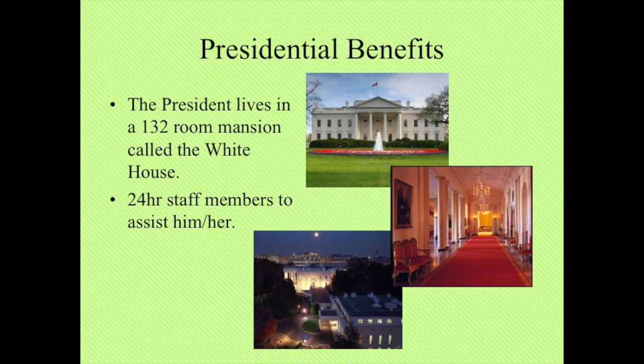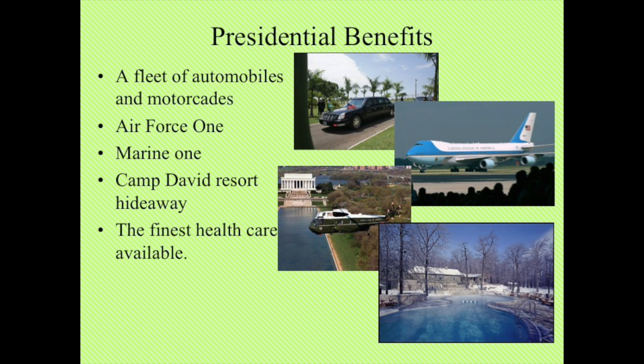They have 24-hour staff on service to assist them in whatever they need or want. Pretty nice. And don't forget about that fleet of vehicles the president has access to, including an airplane, Air Force One, Marine One, and their very own hideaway resort known as Camp David. Not to mention, the president has on hand 24-hour the finest available healthcare in the world.